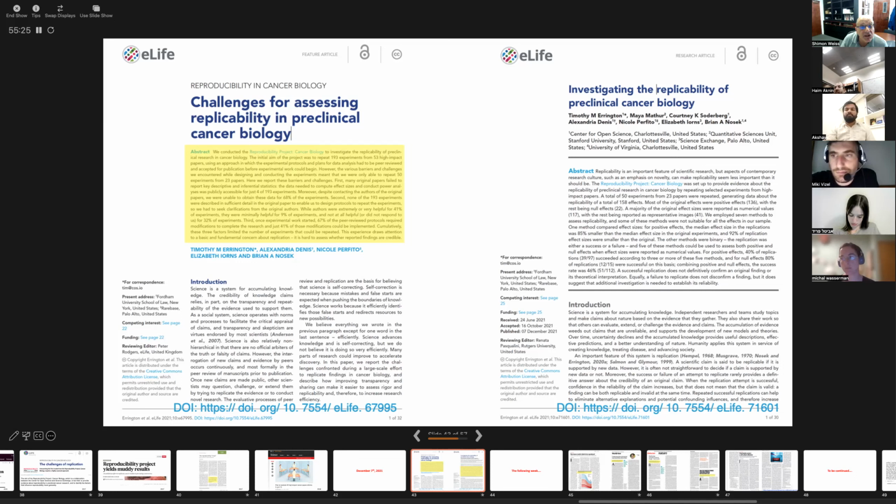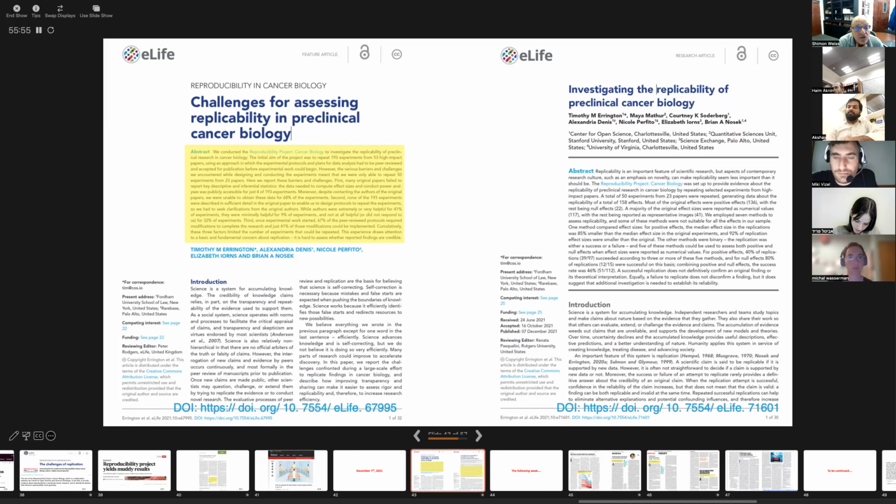The data needed to compute effect sizes and conduct power analysis was publicly accessible for just 4 of 193 experiments. The statistical analysis of the results in those main 53 papers was not good enough, and they could not really repeat the statistical analysis because there were not enough details given.